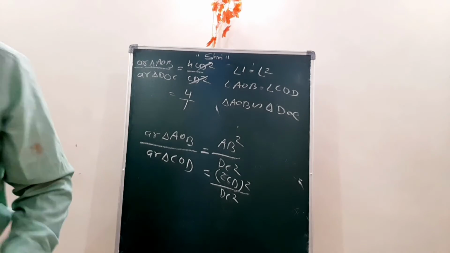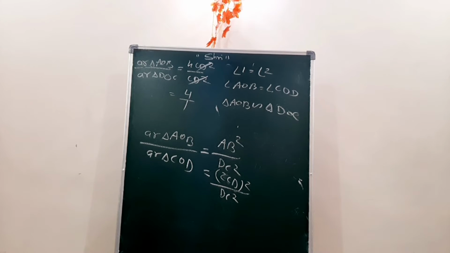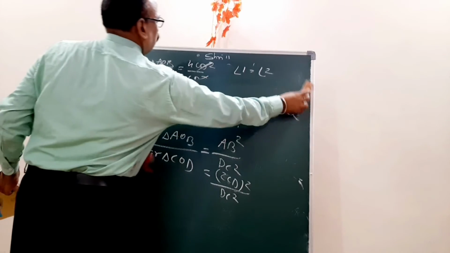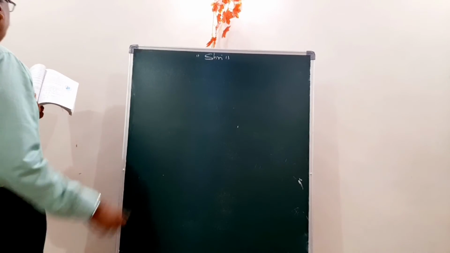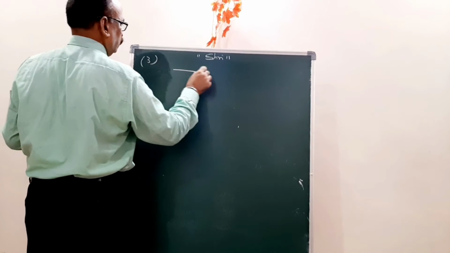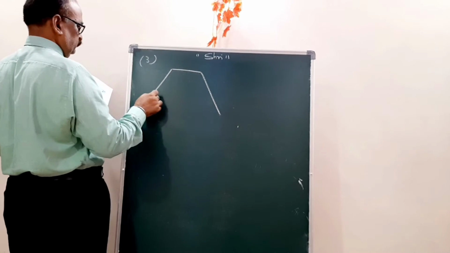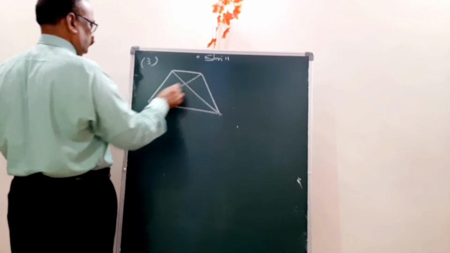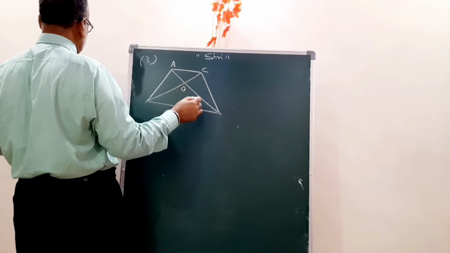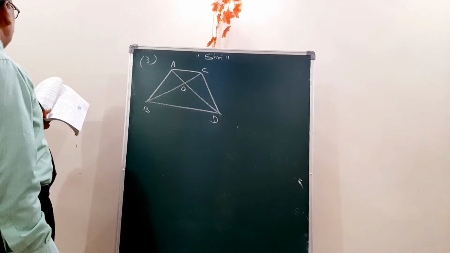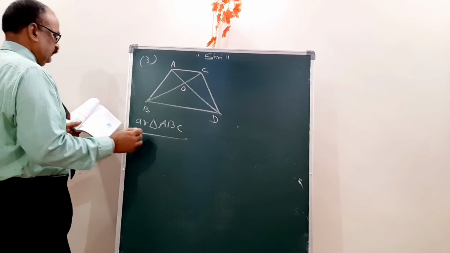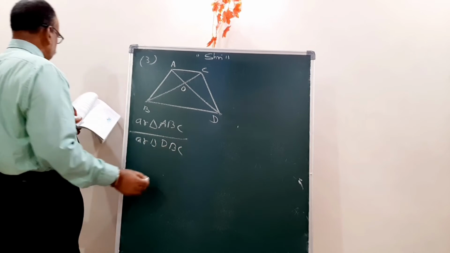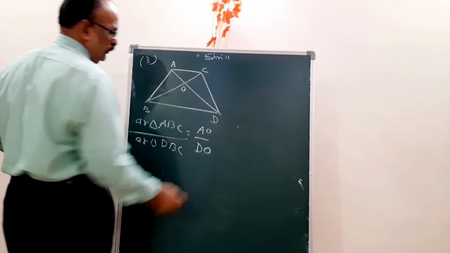Now question number 3. You have to show that area of triangle ABC upon area of triangle DBC is equal to AO upon DO.